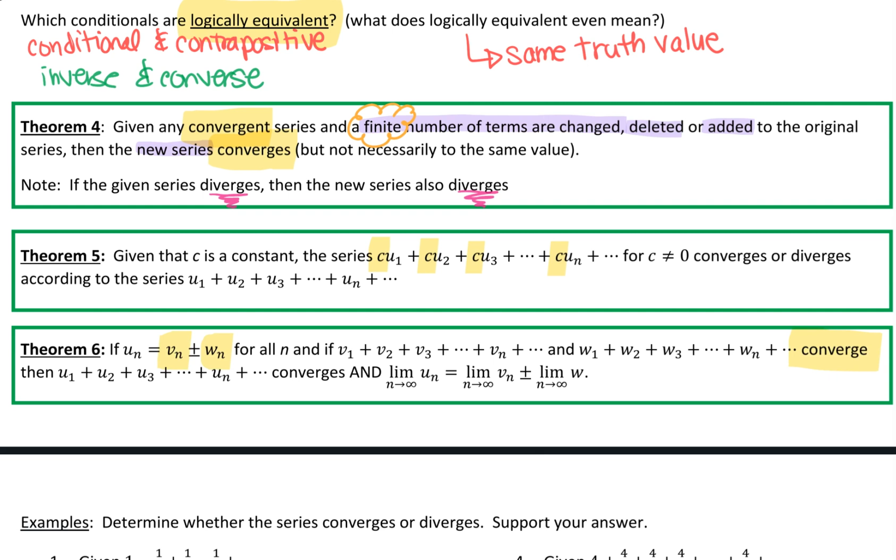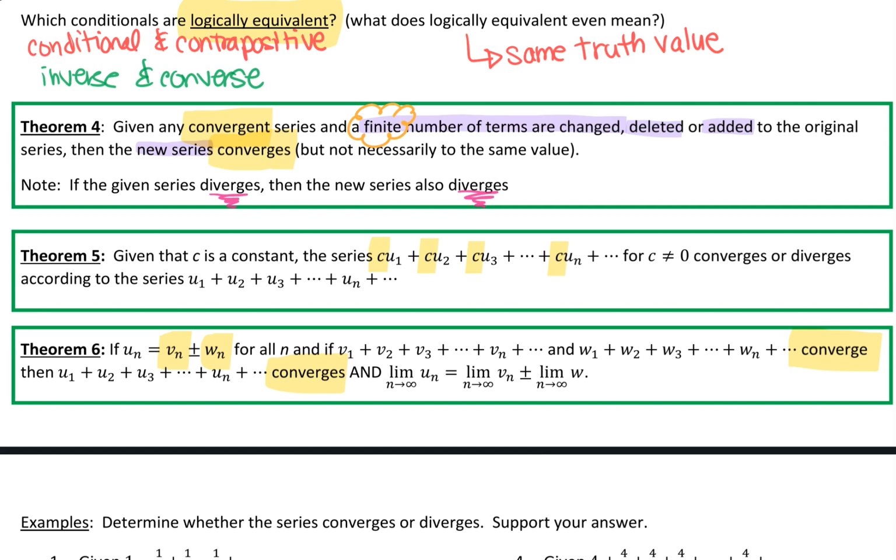If both of those series converge, then the sum or difference will also converge, and the limit of that series will equal the sum of the two limits. Okay, this is for convergence. If you have series that diverge, it gets a little sticky with when you can say things are going to happen the same way. If you have a convergent plus a divergent or a divergent minus a divergent, it gets a little tricky. So this is for two converging series.